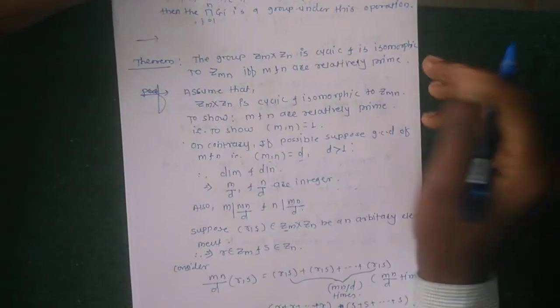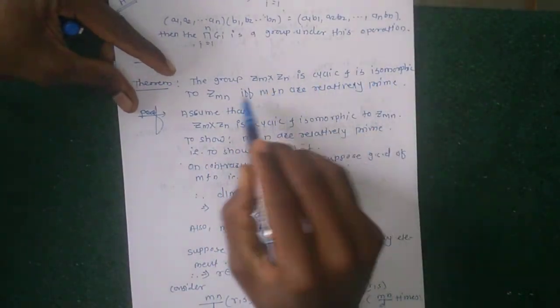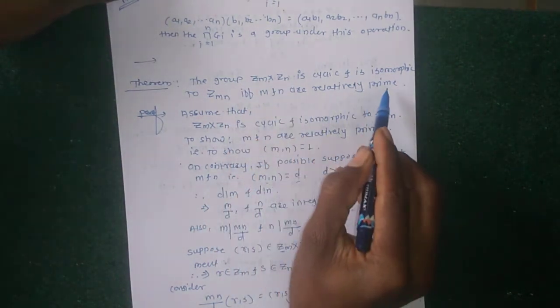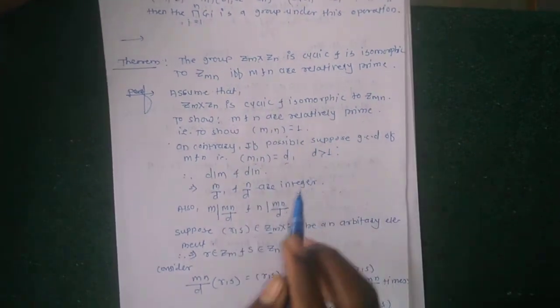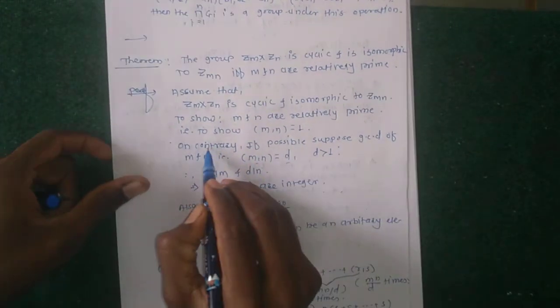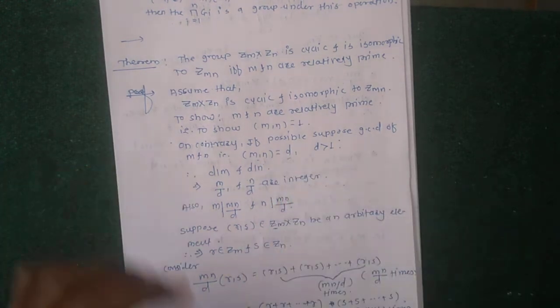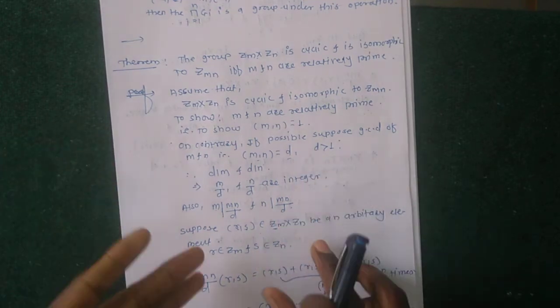How to prove this? First assume that Zm cross Zn is cyclic and isomorphic to Zmn, and show that m and n are relatively prime. On the contrary, assume that if possible their GCD is not equal to 1, meaning their GCD d is greater than 1.